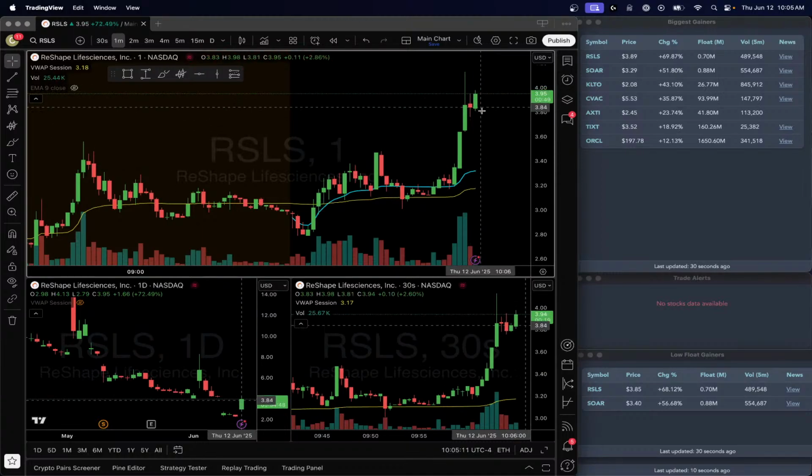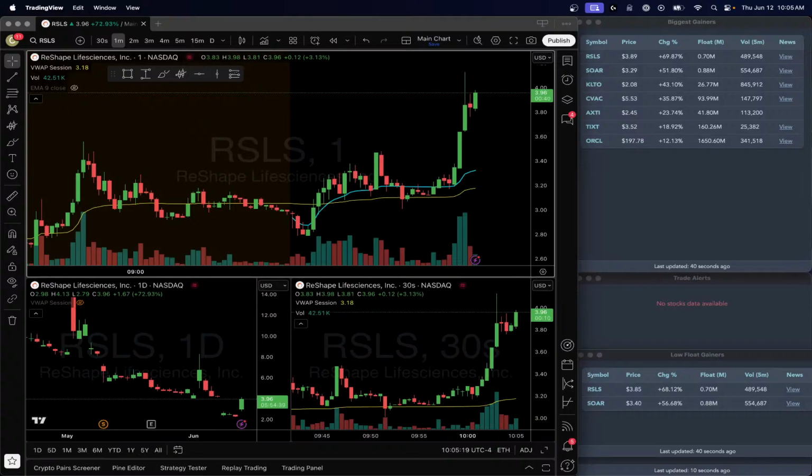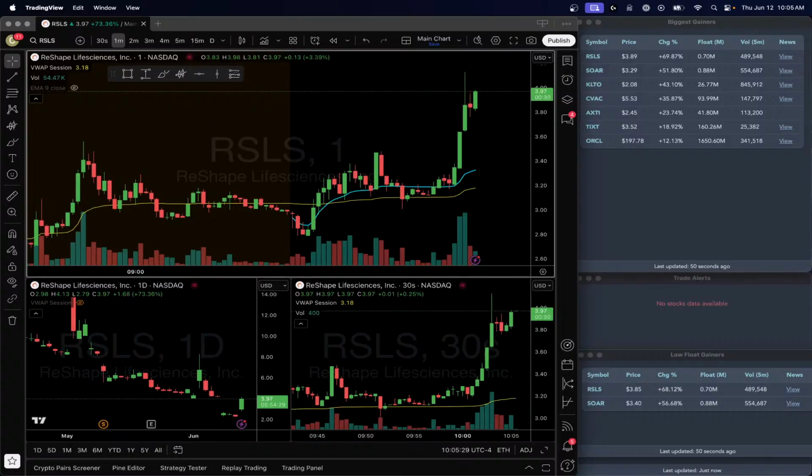Yeah. Let's take a look at that volume. It's heavily extended from the overnight in New York VWAP. But that don't mean anything. It could run all the way up to $8.